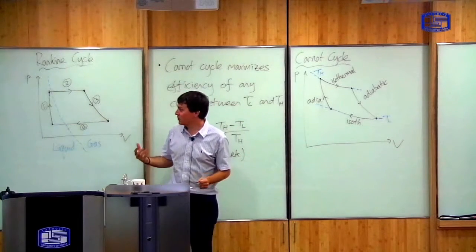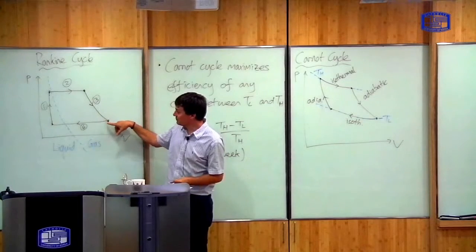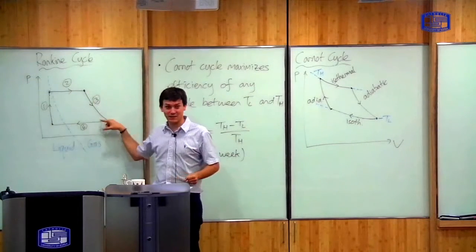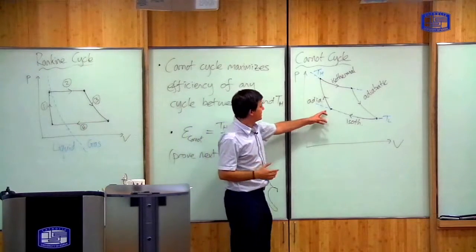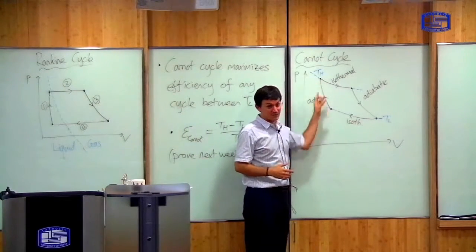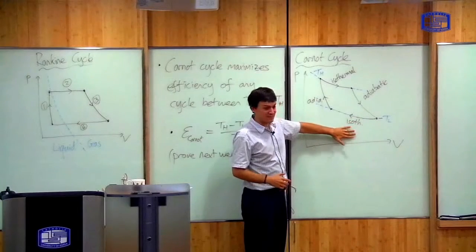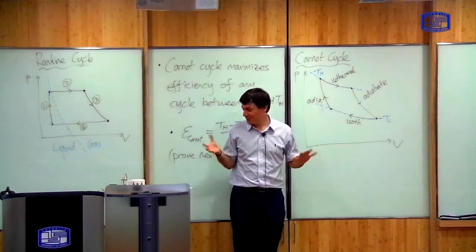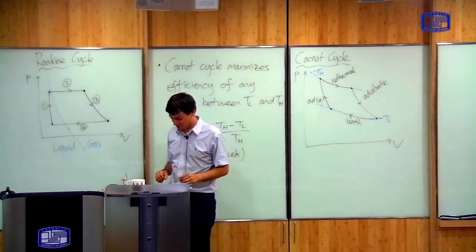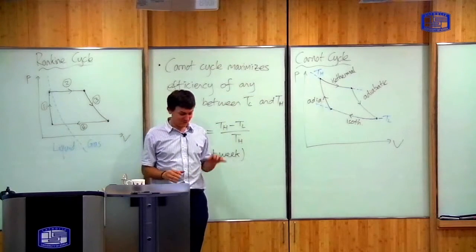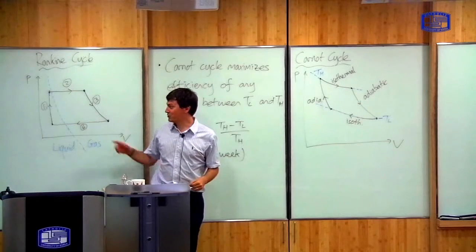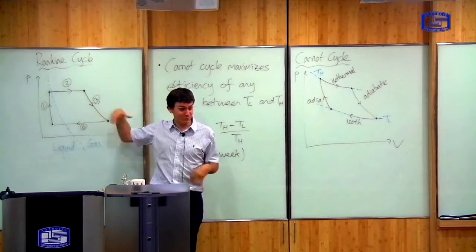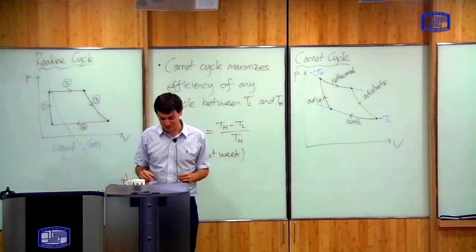It's practically possible and quite straightforward to build an engine which has a heat cycle looking like this. But it's very difficult in practice to build an engine which has a heat cycle looking like this. So theoretically, this is the best. But practically, you always have to juggle trying to maximize the efficiency with coming up with a design which is possible to make into a machine.